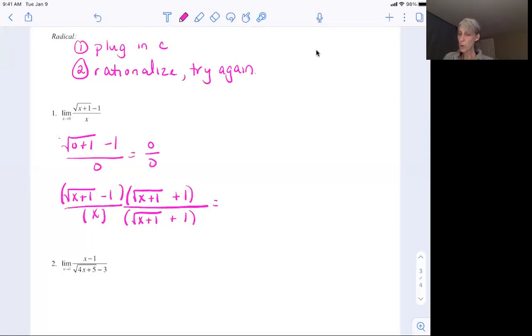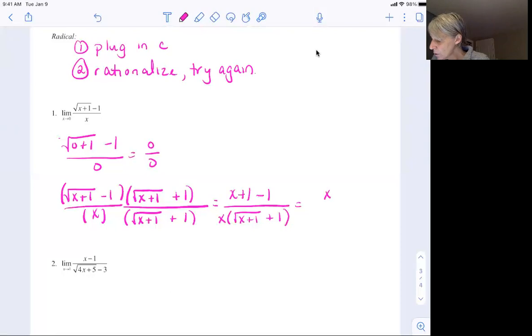And remember your rules when you're foiling conjugates. I do first times first, I'm just going to have x plus 1. The outsides and the insides are going to cancel out. Last times last is minus 1. And to refresh your memory, in the beginning of the year, we never distributed, just leave that other part of the fraction alone.